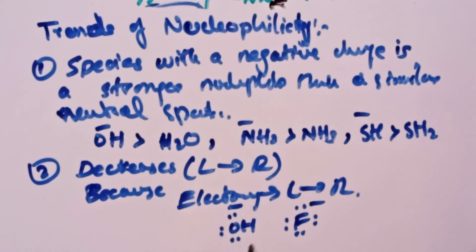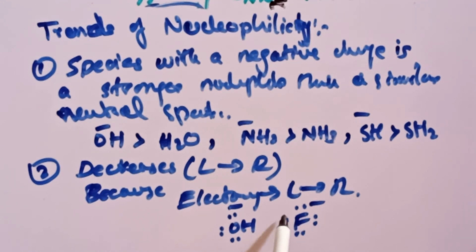So fluorine is the more electronegative element, and the more the electronegativity, the more tightly held are its lone pairs of electrons. But in the case of oxygen, which has lower electronegativity, the electrons are not as tightly held by the nucleus as in fluorine, because fluorine is the most electronegative element.